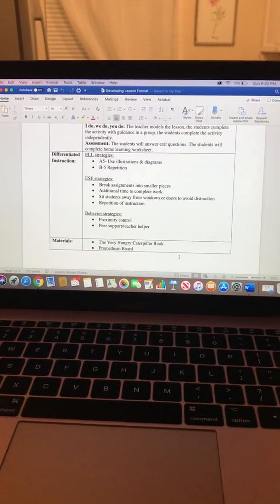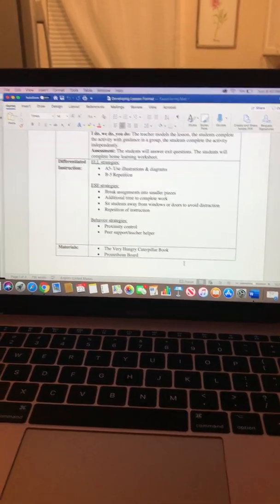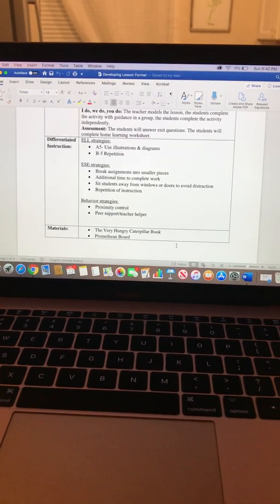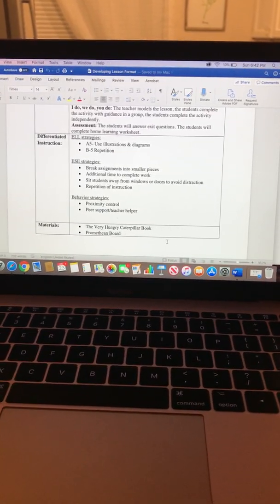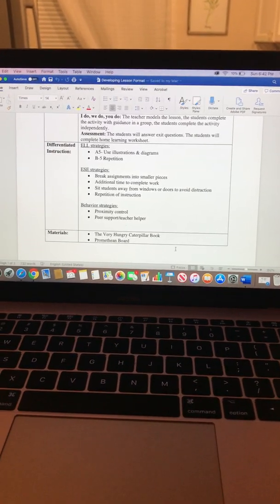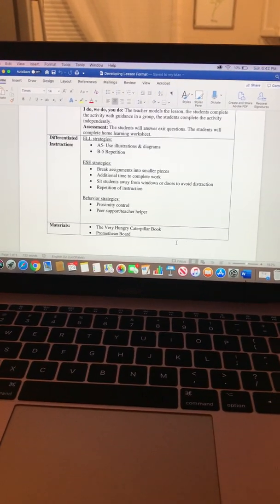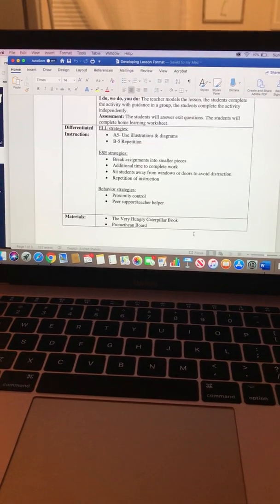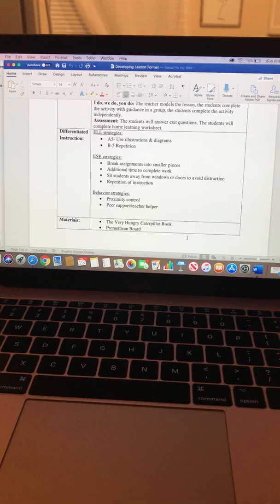Now for those ESE students, you want to break assignments into smaller pieces and give those students additional time to complete work. You also want to sit students away from windows or doors to avoid distraction, and repeat instructions and have them give those instructions back to you.